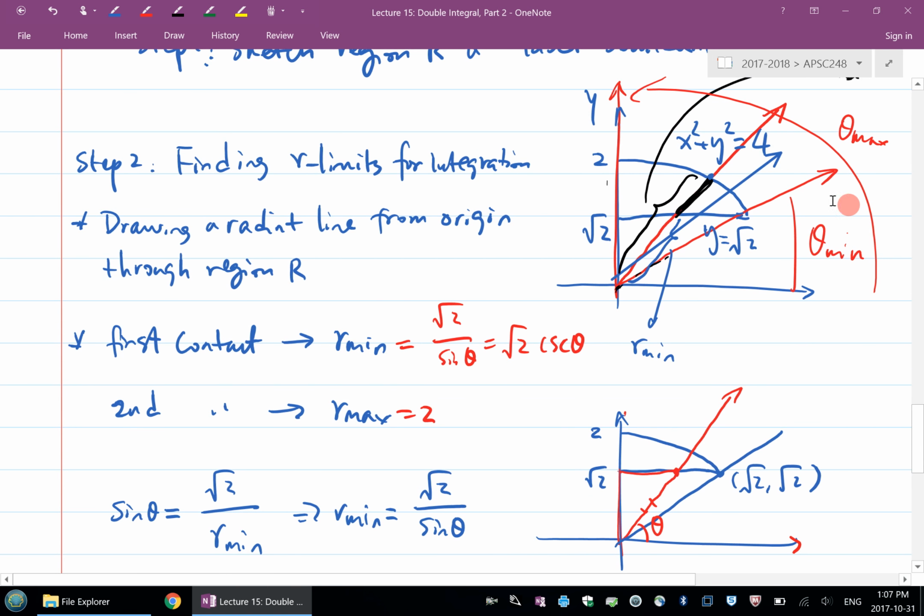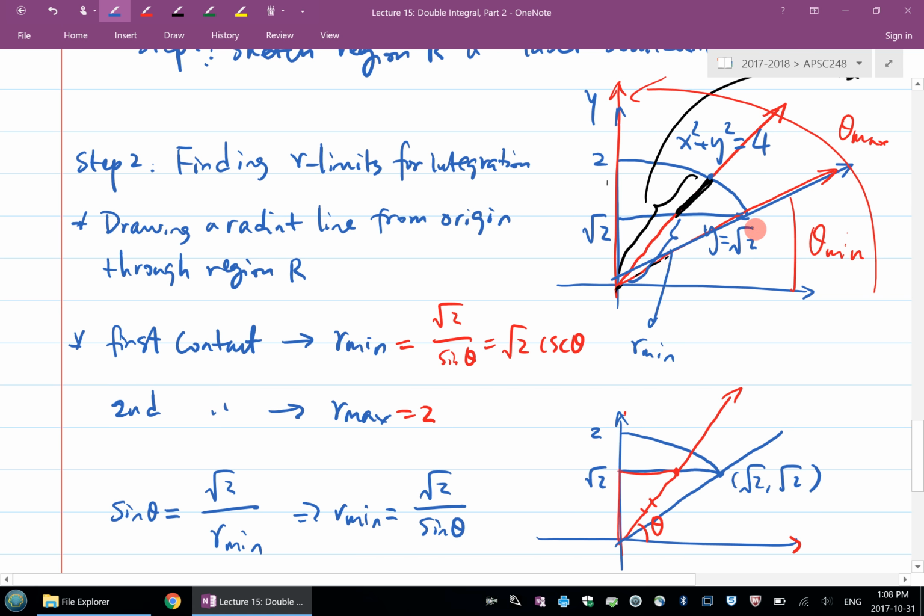So you see here, to find the theta limit, you're going to rotate these reading lines from one end to the other end. This end is basically just pi over 2, and this end is the line passing through these corner points. For the corner points, the horizontal line here has y always equal to root 2.